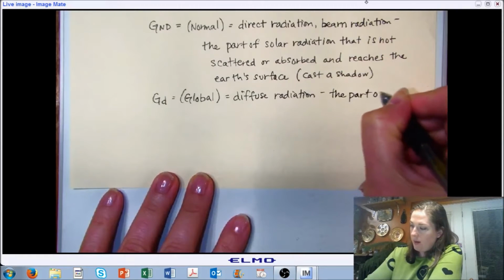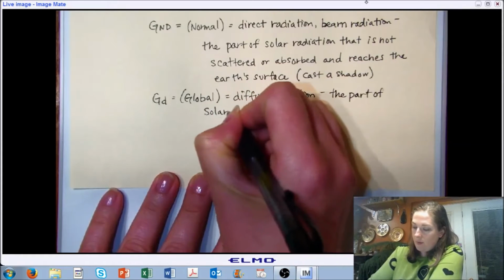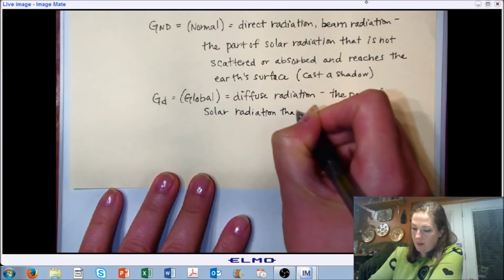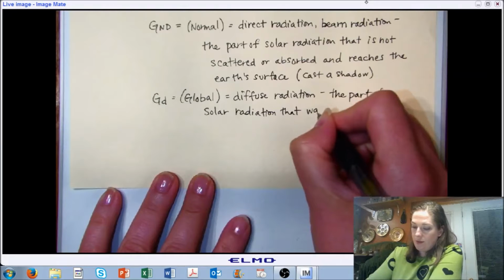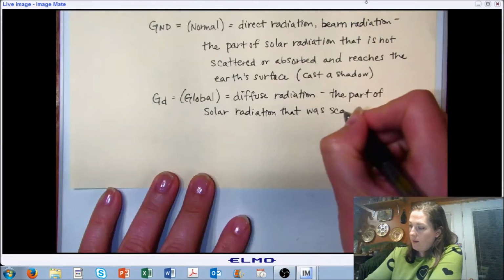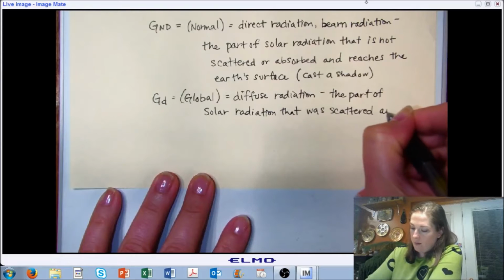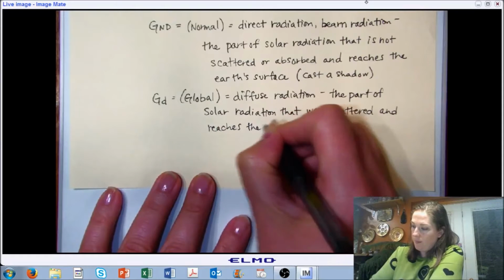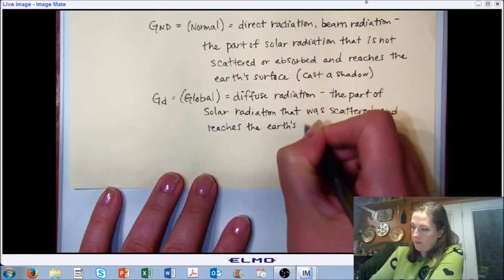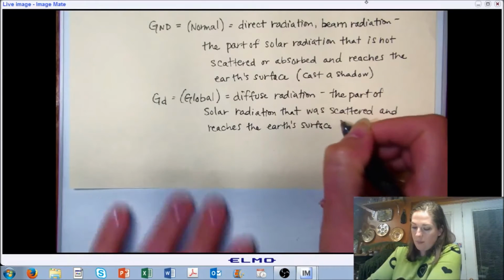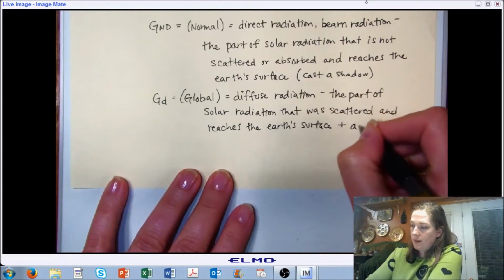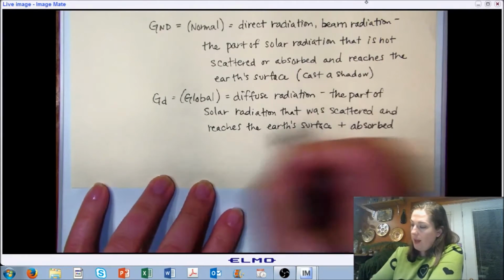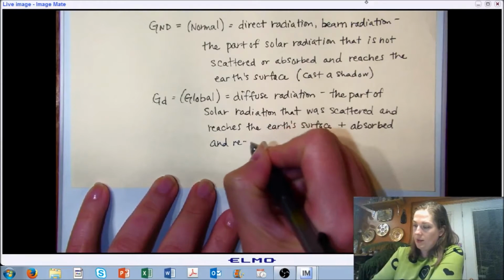And this is going to be the part of solar radiation that was scattered but reaches the Earth's surface, plus that which is absorbed and re-emitted and reaches the Earth's surface.